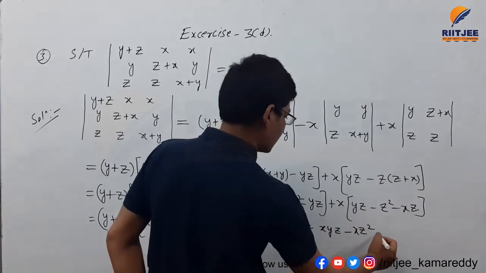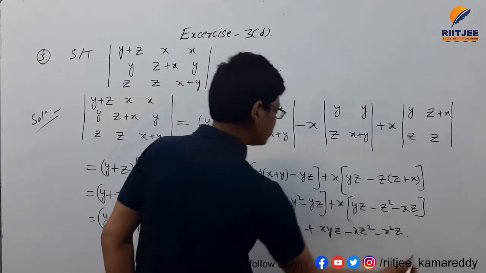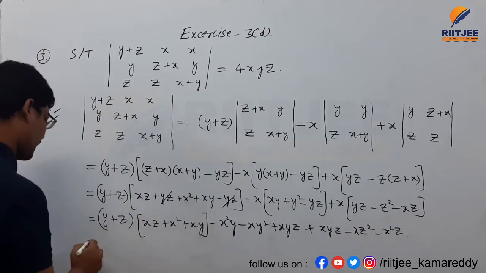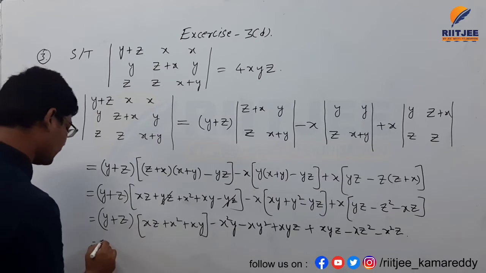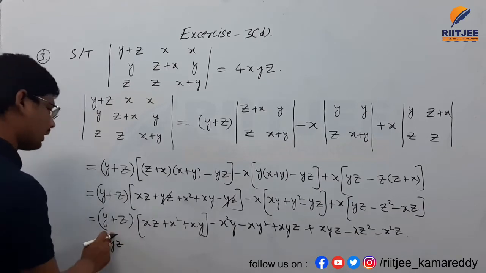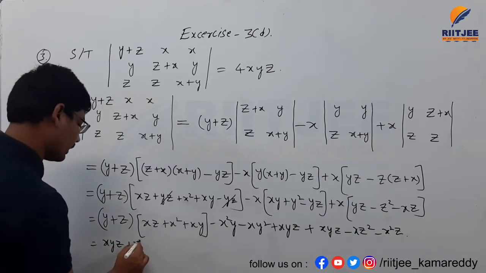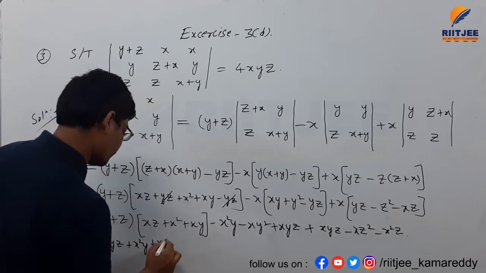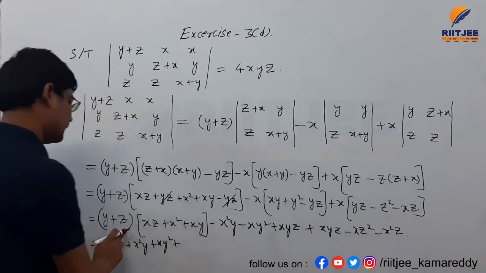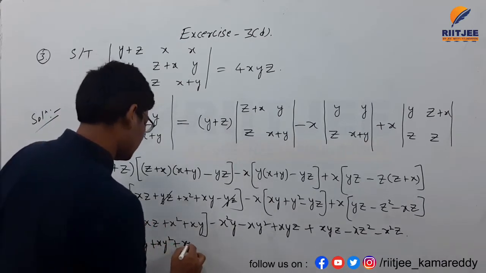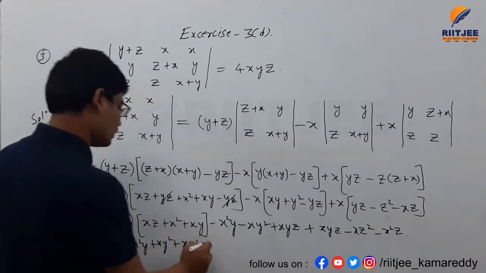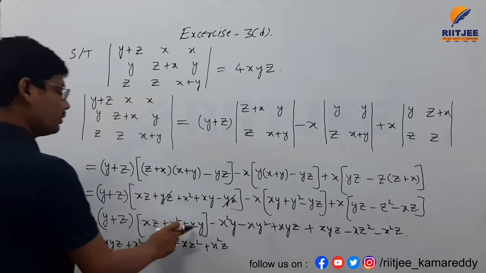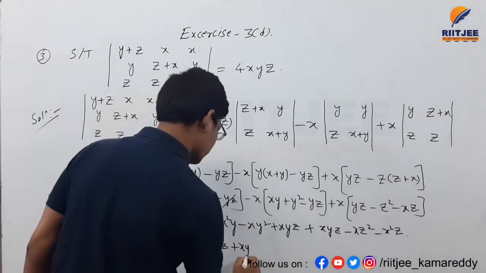Plus x into minus xz minus x square z, and now multiply this term to the whole term here: y into xz, xyz, and y into x square y, next y into xy square, plus z into xz square, next z into x square z, and z into xyz.